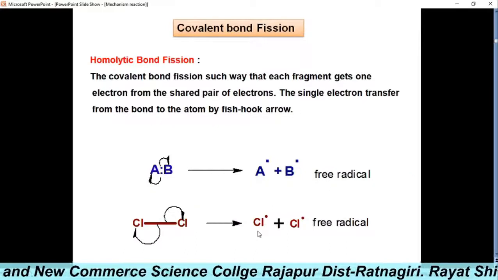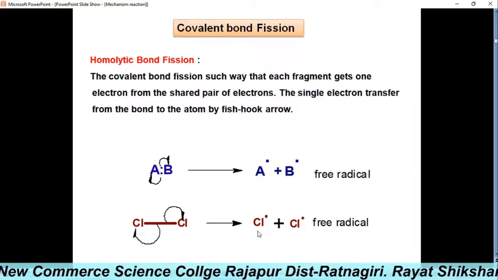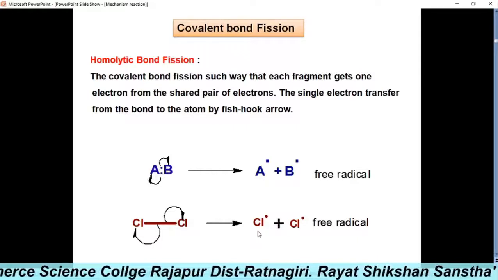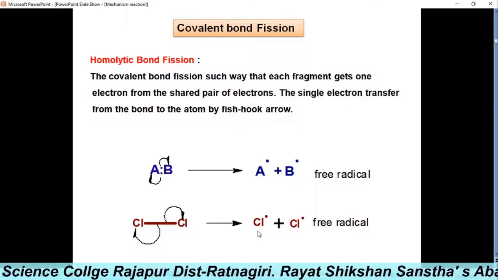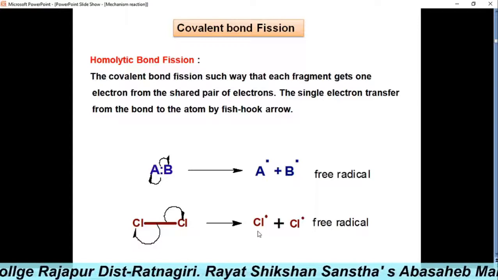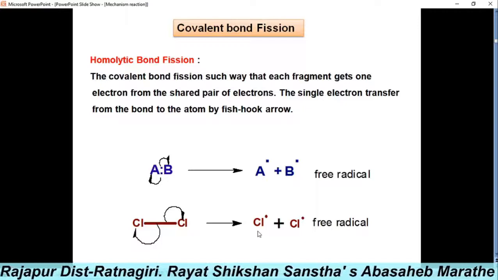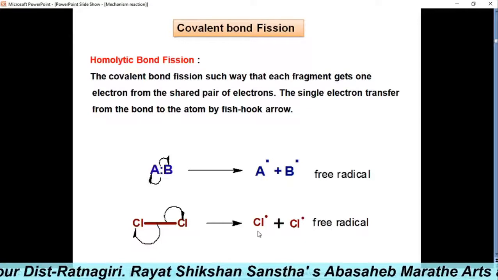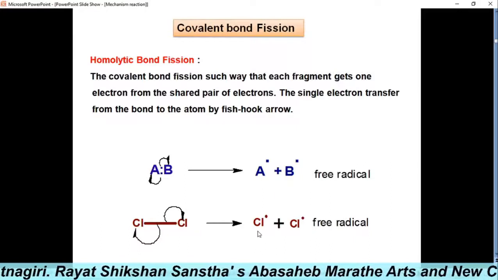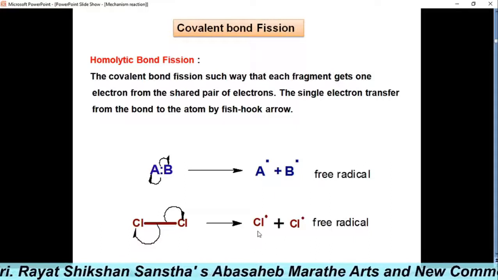Now we see the next point, bond fission. Bond fission takes place by using these two types of arrow. Firstly, we see homolytic bond fission.